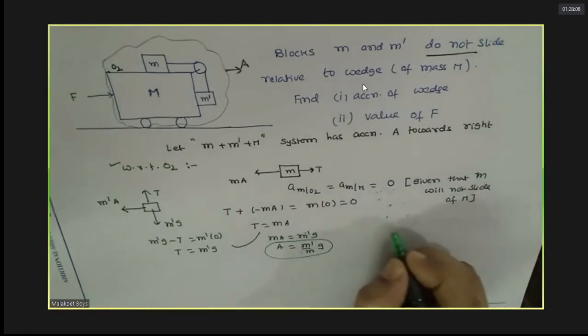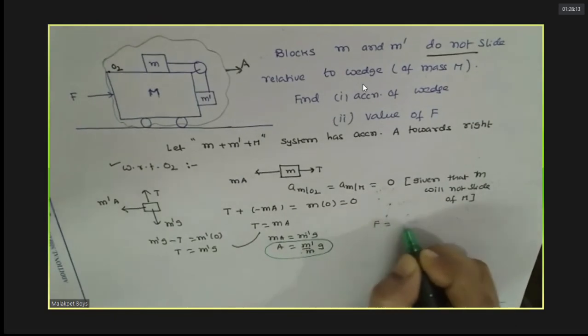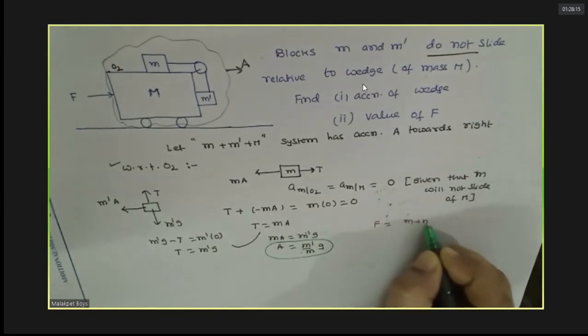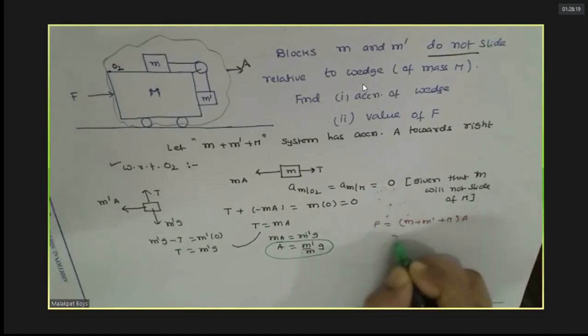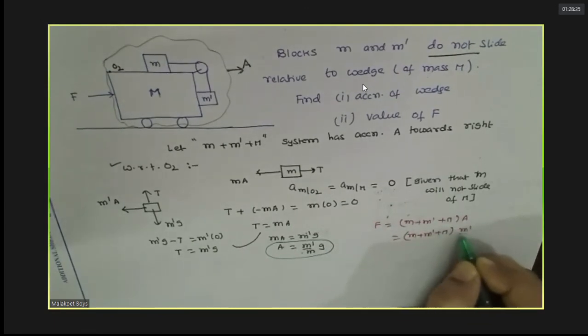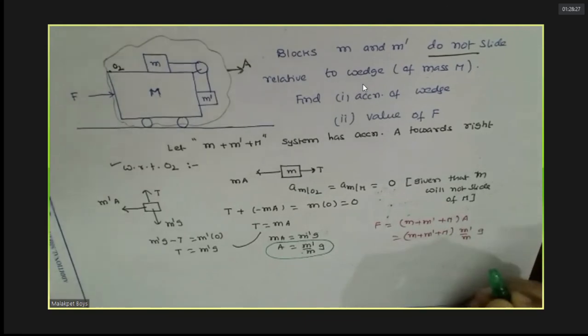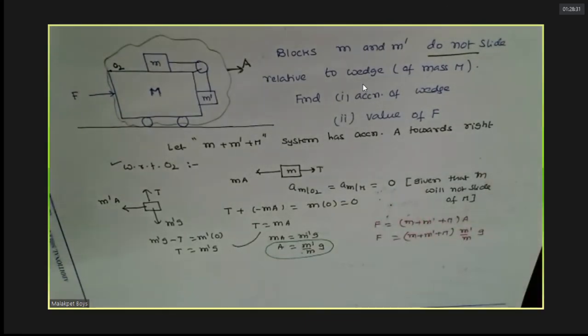Now we can see net force on the system acting on this is M plus m dash plus m into a. So M plus m dash plus m into what is a? M dash by m into g. So thus you got the force. That's what is asked.